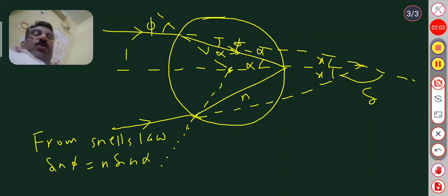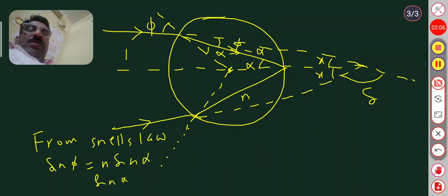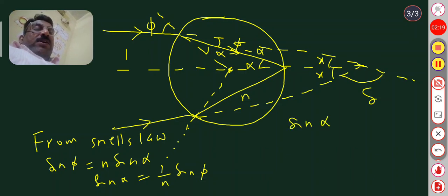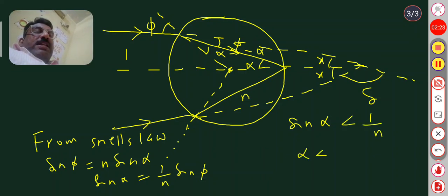So sine alpha is equal to 1 by n times sine phi, which means sine alpha is less than 1 by n, or alpha is less than sine inverse of 1 by n.